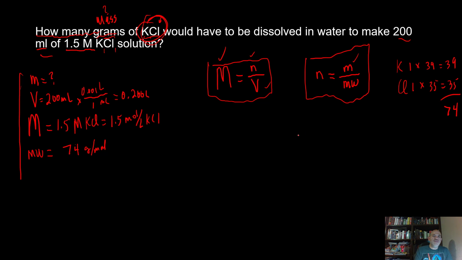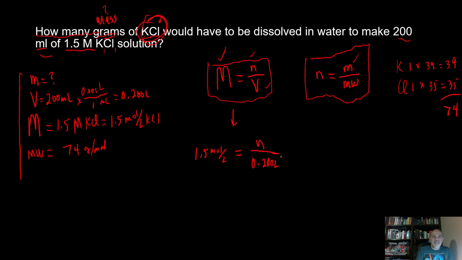And so what I can do now is use this equation right here. I'm going to plug in 1.5, and I'm going to use the units moles per liter. And that's going to be equal to n, because we got to look for n so that we can use it in this other equation. I'm going to divide by the volume, which is 0.200 liters.